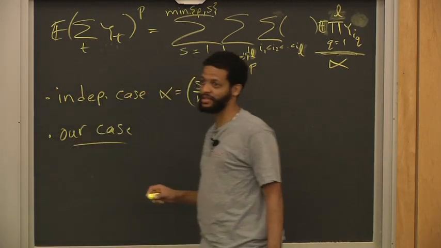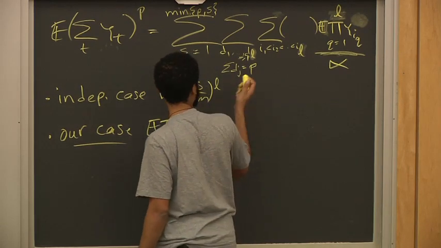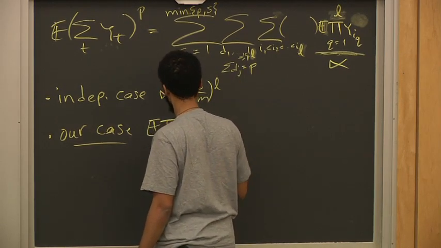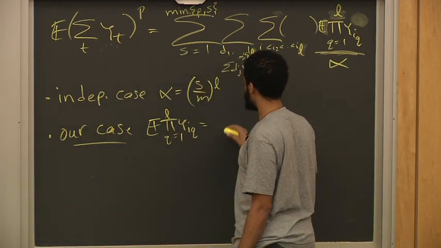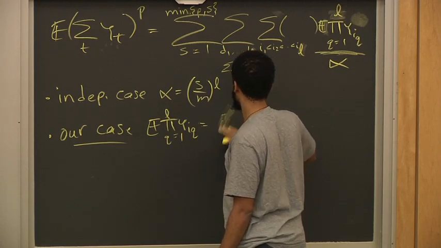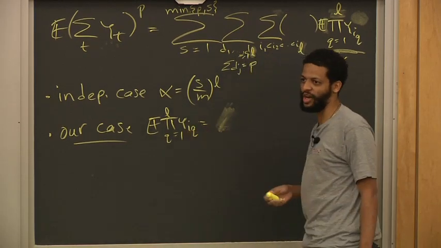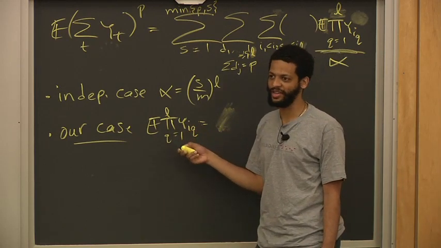They're not independent, right? The expectation of the product of these y_iq, q from 1 to L, is just the probability that they're all 1. This thing is either 1 or 0, and it's 1 when they're all 1.